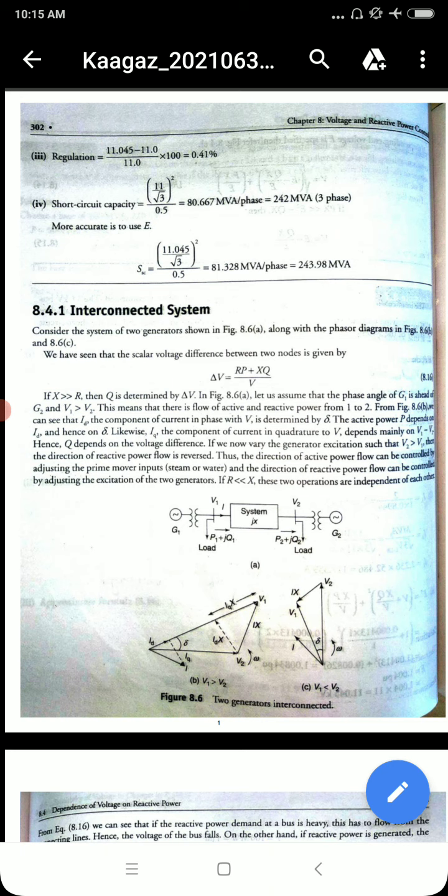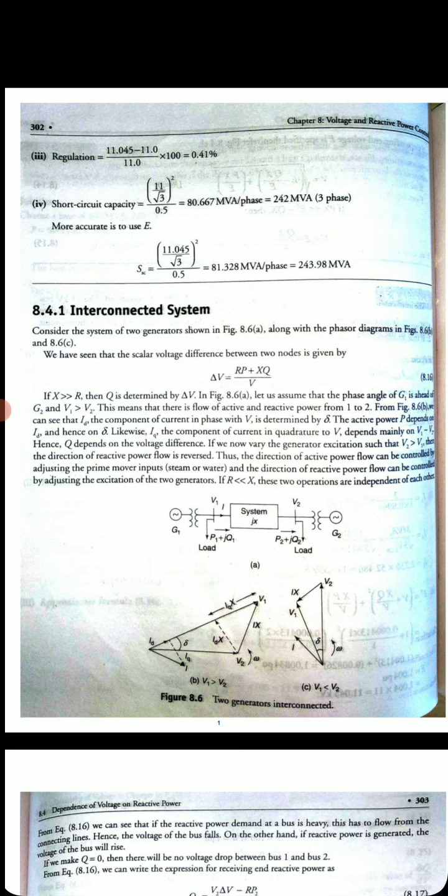From the equation 8.16, that is delta V is equal to (RP plus XQ) by V, we can see that if the reactive power demand at a bus is heavy, this has to flow through the connecting lines. Hence, the voltage of the bus falls. On the other hand, if reactive power is generated, the voltage of the bus will rise. This is a very common conclusion. That is, reactive power is generated and the voltage on the bus is going to rise.